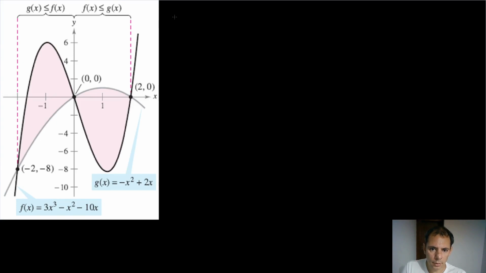So let's do that. Let's integrate from -2 to 0 the f of x, which is going to be 3x cubed minus x squared minus 10x.